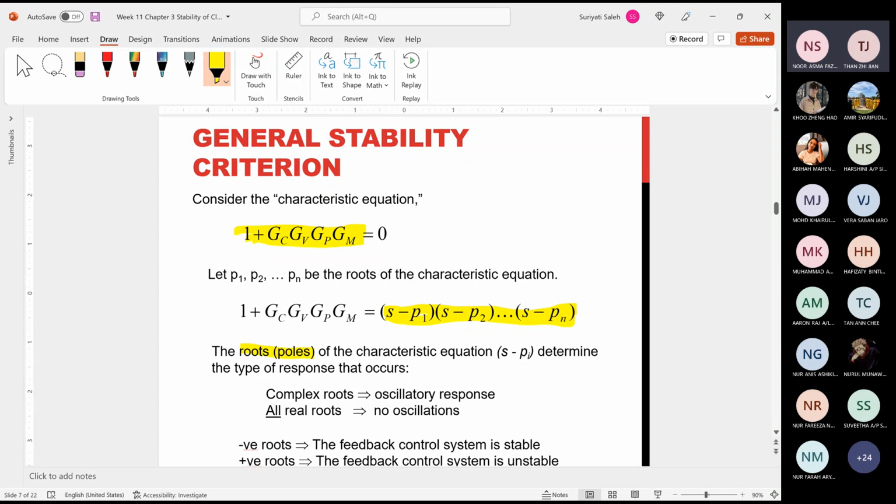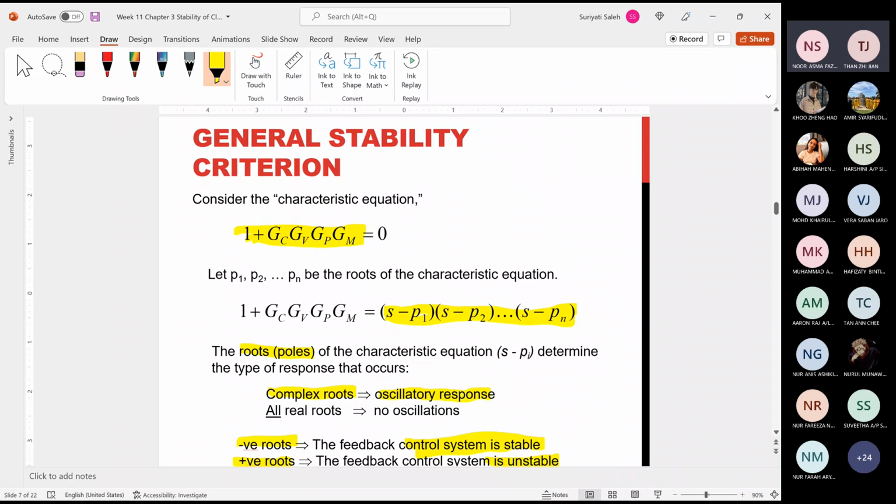If all the roots are negative, then your control system is stable, which is good, the one that we desire. If you have a positive root, automatically the system becomes unstable, which we do not prefer. If you get complex roots, this contributes to the oscillatory response.